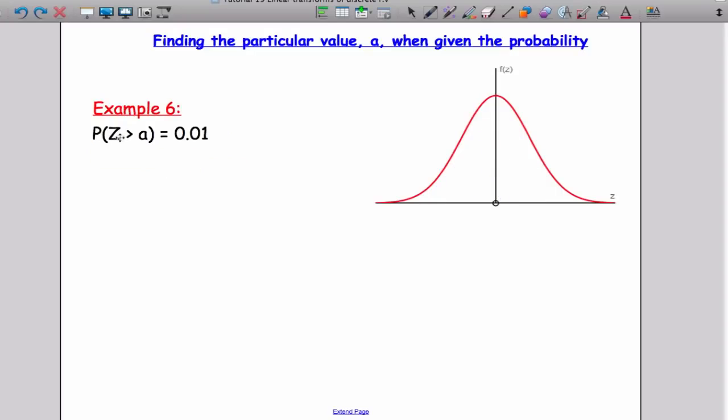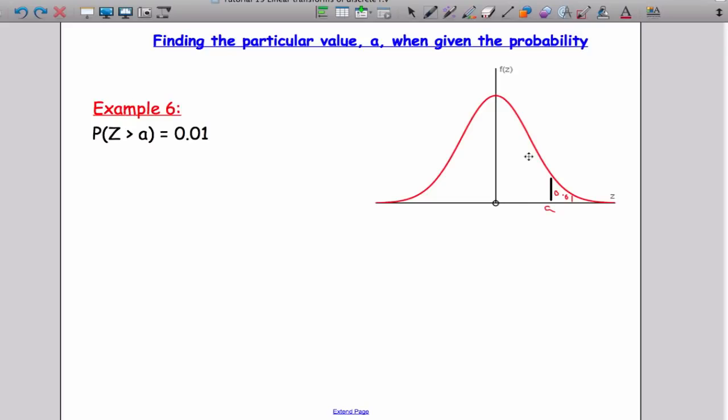Let's have a look at another example. Suppose I'm told the probability that Z is greater than A is equal to 0.01. So let's call that area in here 0.01. So that must be A. I know that the total area trapped in this section is 0.01.